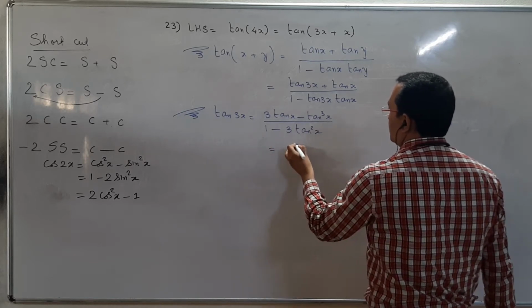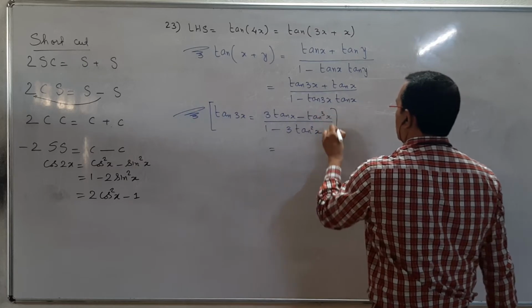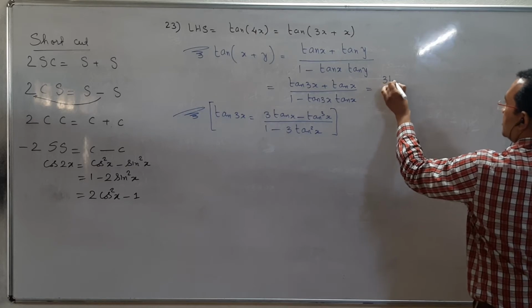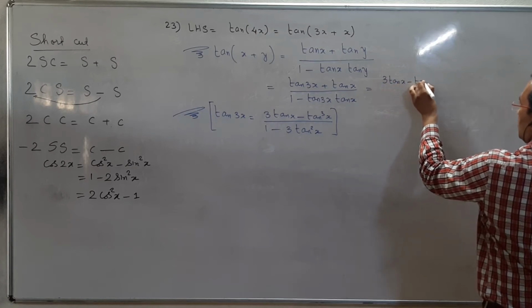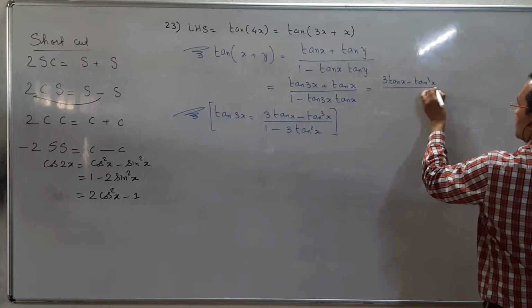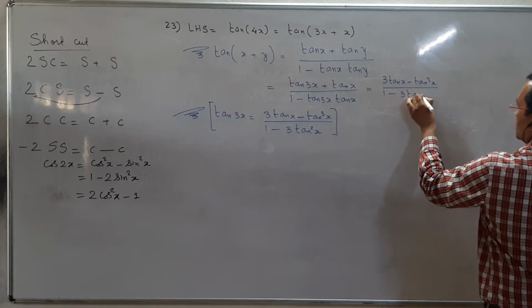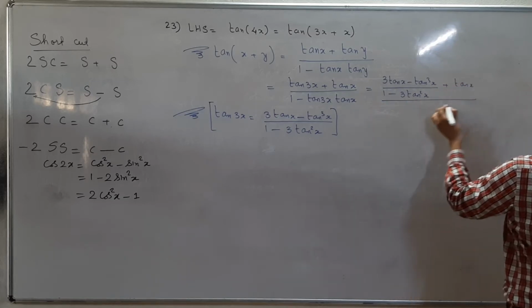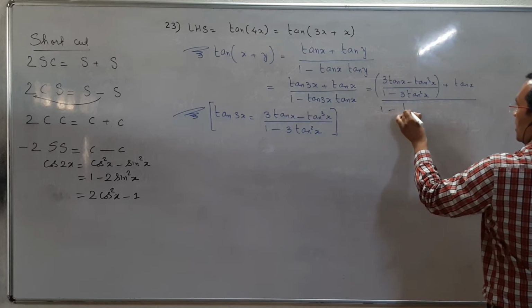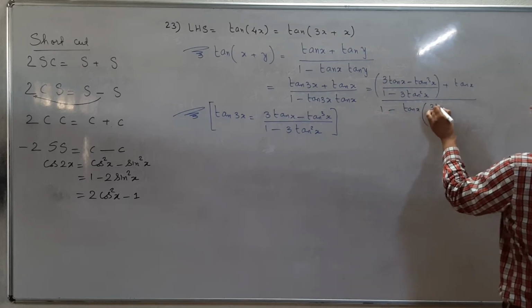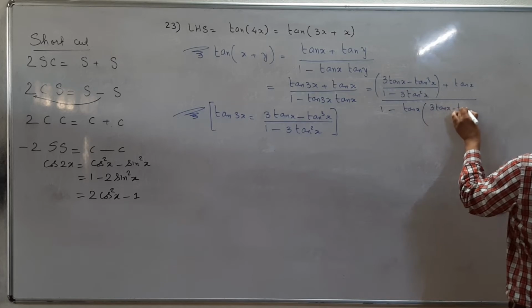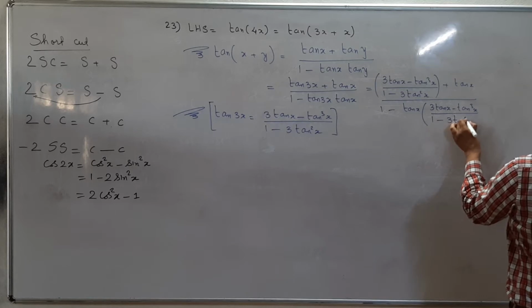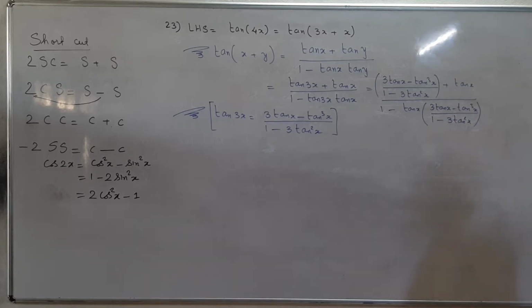So applying this formula right here, this will be 3 tan x minus tan cube x upon 1 minus 3 tan square x plus tan x upon 1 minus tan x into 3 tan x minus tan cube x upon 1 minus 3 tan square x.